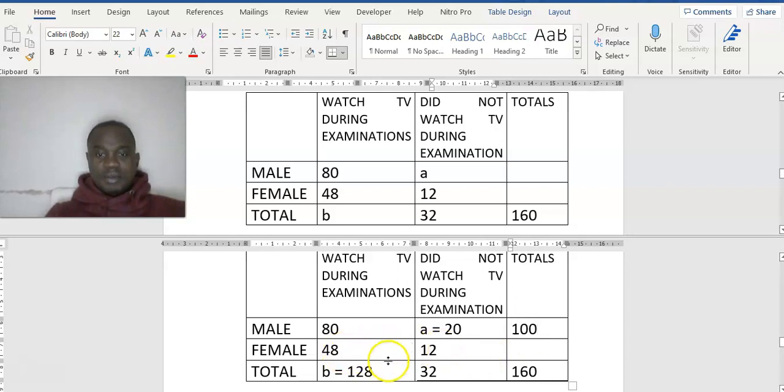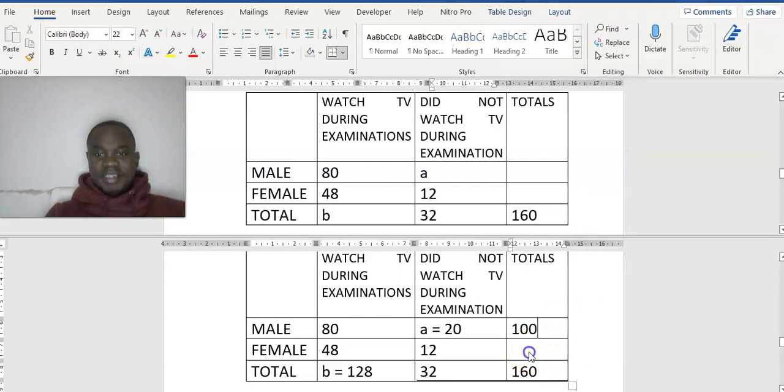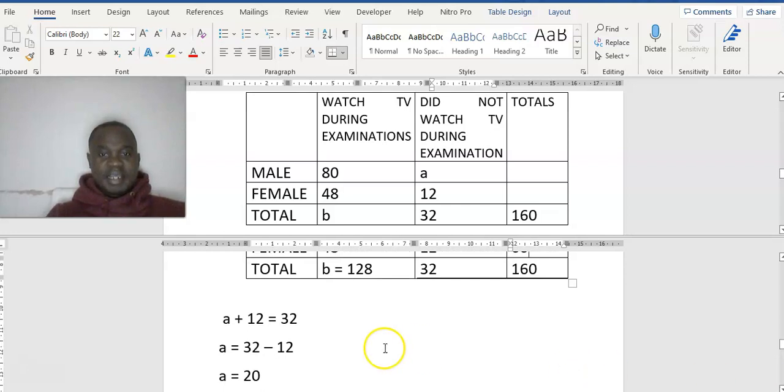Then let's check this side. 48 plus 12 is 60. So 100 plus 60 is gonna give us 160. Okay, so our first question is answered.